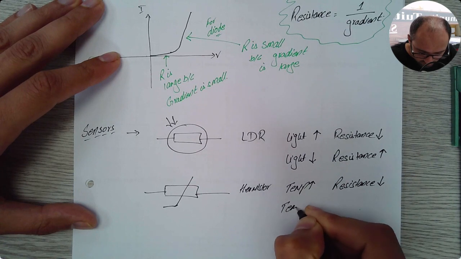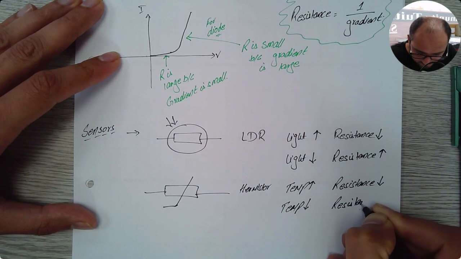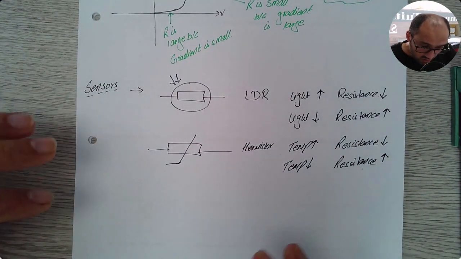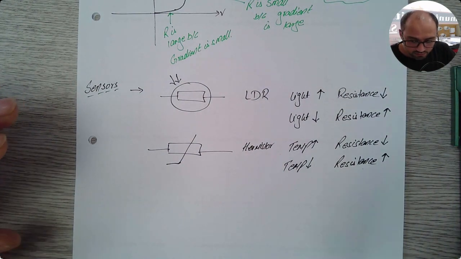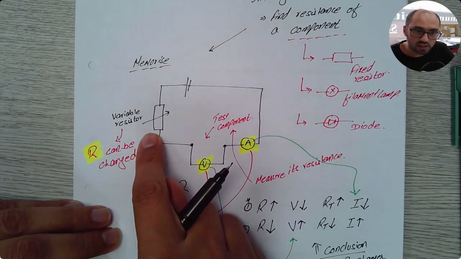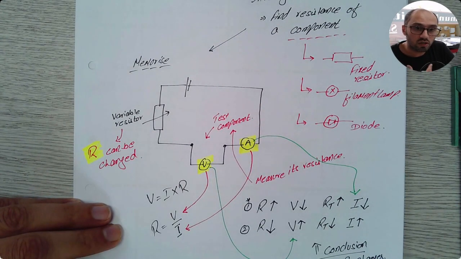If temperature decreases, then resistance will increase. So I can have exactly the same circuit like I had before, but instead of a variable resistor, I will now have a sensor. So the circuit will operate automatically rather than requiring a physical input.